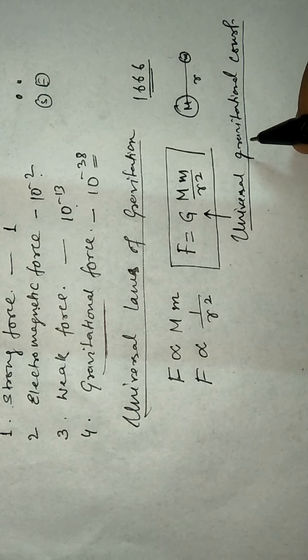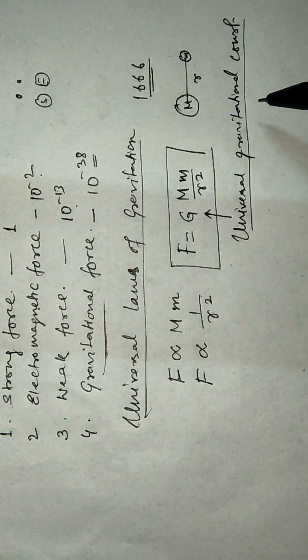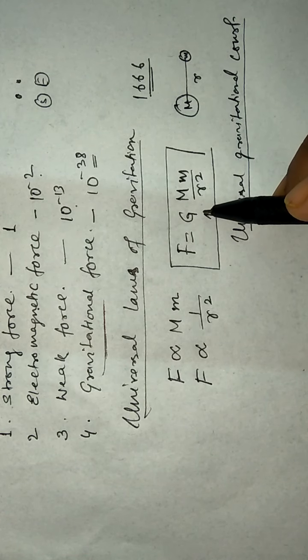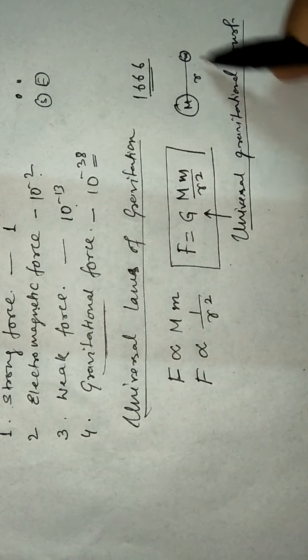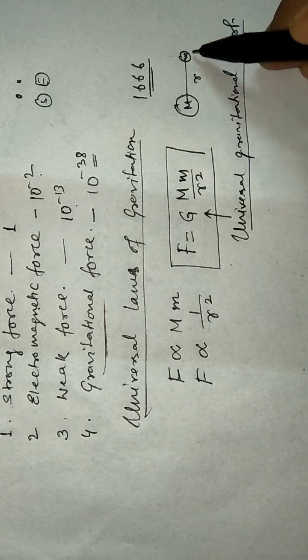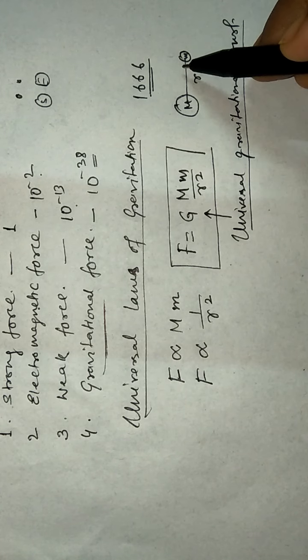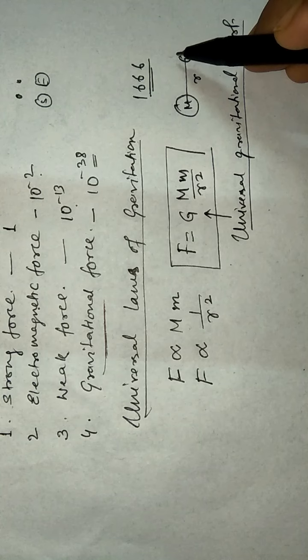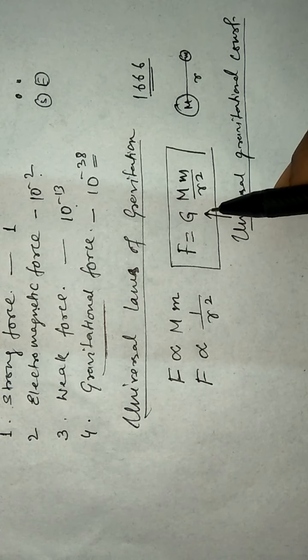Now, why is it called the universal gravitational constant? Because the value of G does not depend upon the intervening medium. Whatever the medium may be, the value of G remains the same. These two bodies may be in air, water or vacuum, and the value of G is constant. It also remains unaffected by temperature.